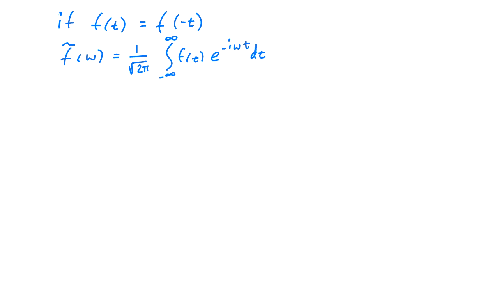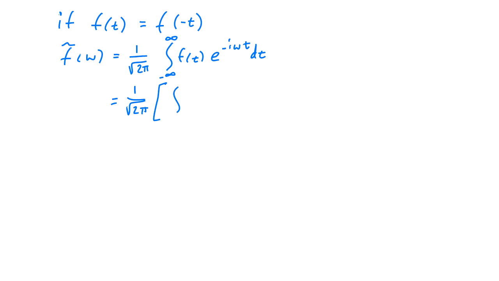So what's happening here is we know that f(t) has an even symmetry, and we're still using this exponential. So we can take this integral and break it up into two parts. I'm actually using a different method than the one in the book, but you can also read what they do in the book as well.